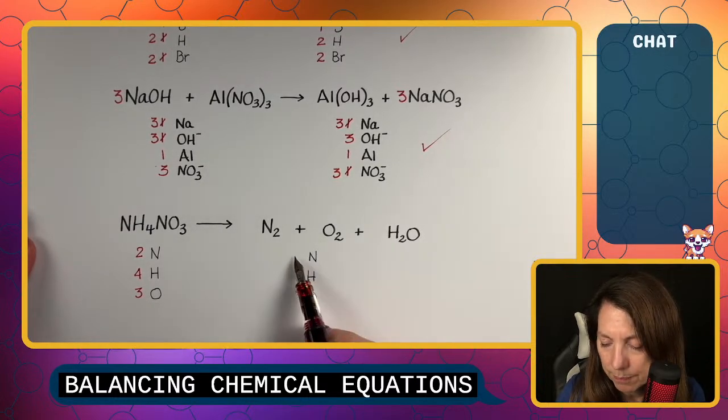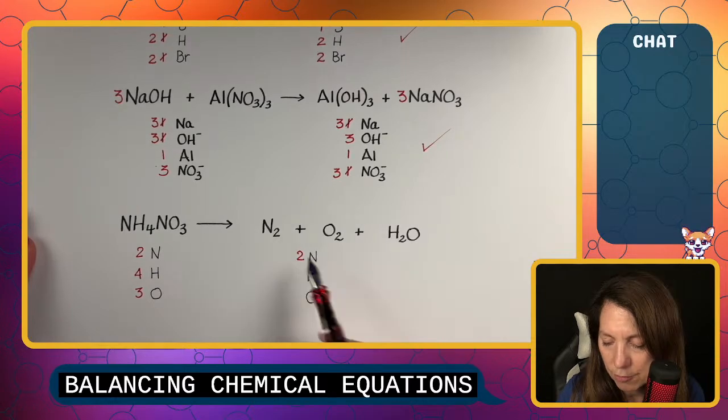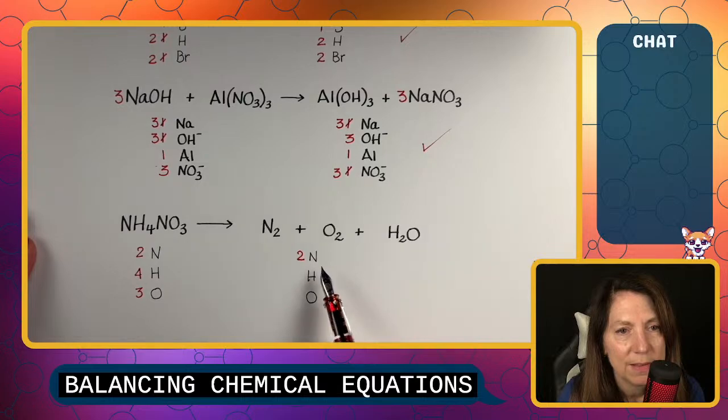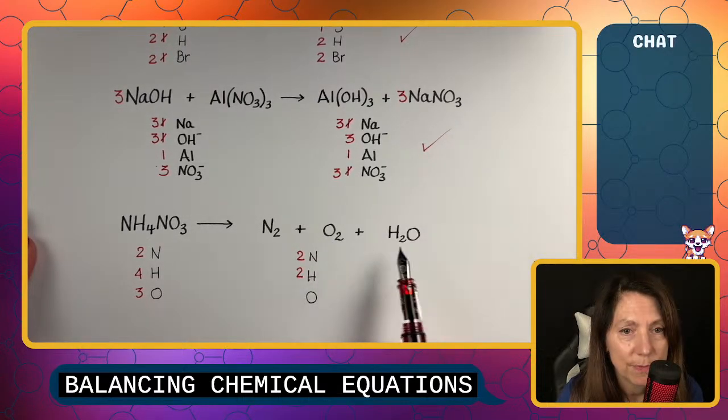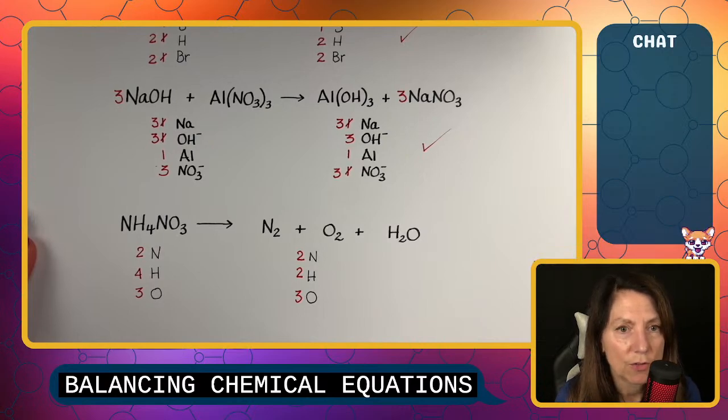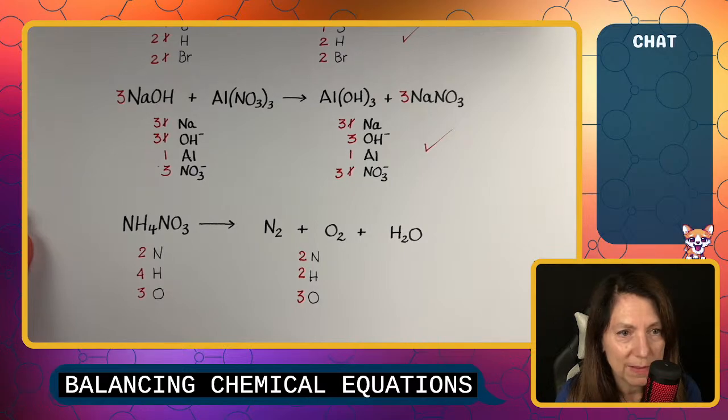Just this one, and it has 2 nitrogens in it. It's diatomic nitrogen. Okay, how about hydrogen? Nope. 2 in H2O. So you add those up and together, 3 oxygens. Okay, we've got to do some balancing here.